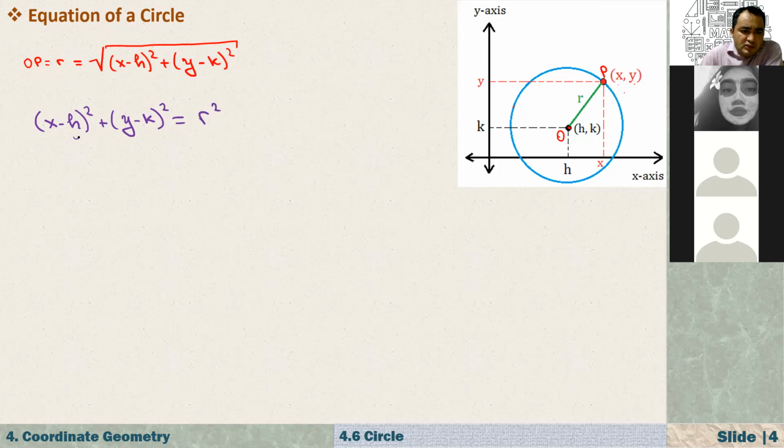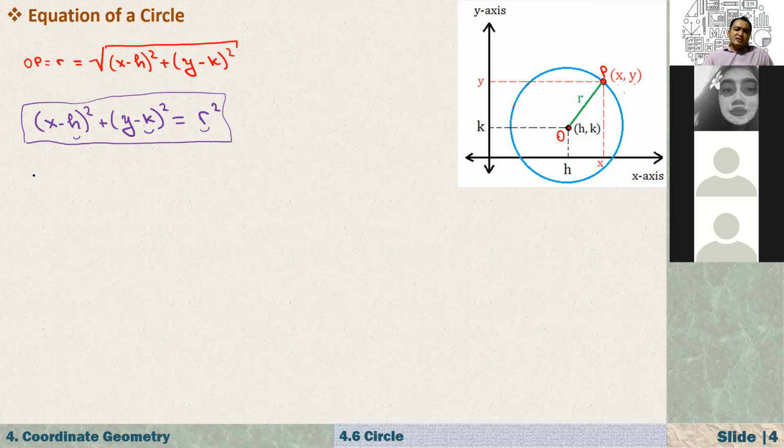We know h is the x coordinate of the center of the circle, k is the y coordinate of the center, and r is the radius. So any equation in this form describes a circle.